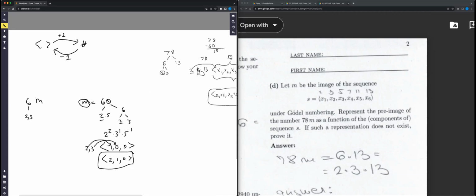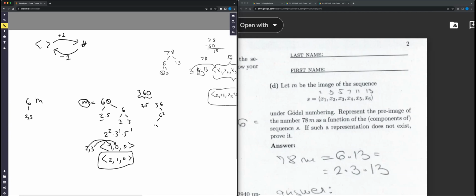Did this work? Let's figure it out. What's 6 times 60? 360. What's the prime factorization of 360? There's a 0 here, so that means it's 2, 5, and then 36, which is just 6 squared.